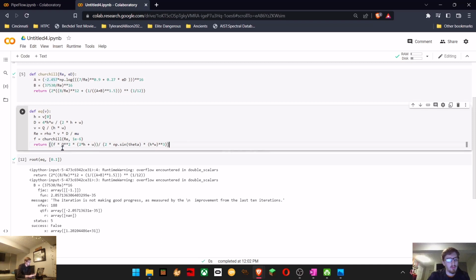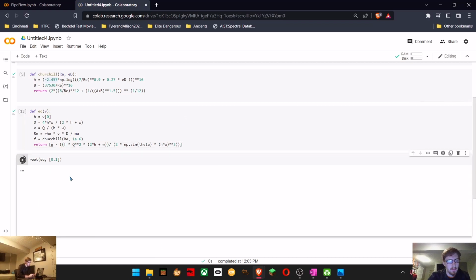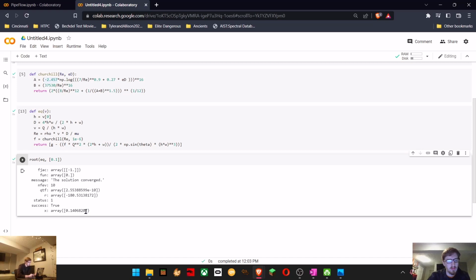Oh, I just forgot to subtract. We need to subtract this expression from g so that the other side equals 0, because that's what the root solver is trying to bring closer to 0. Hopefully that should fix it. Yep, there we go. So that is the height of the fluid in the channel.